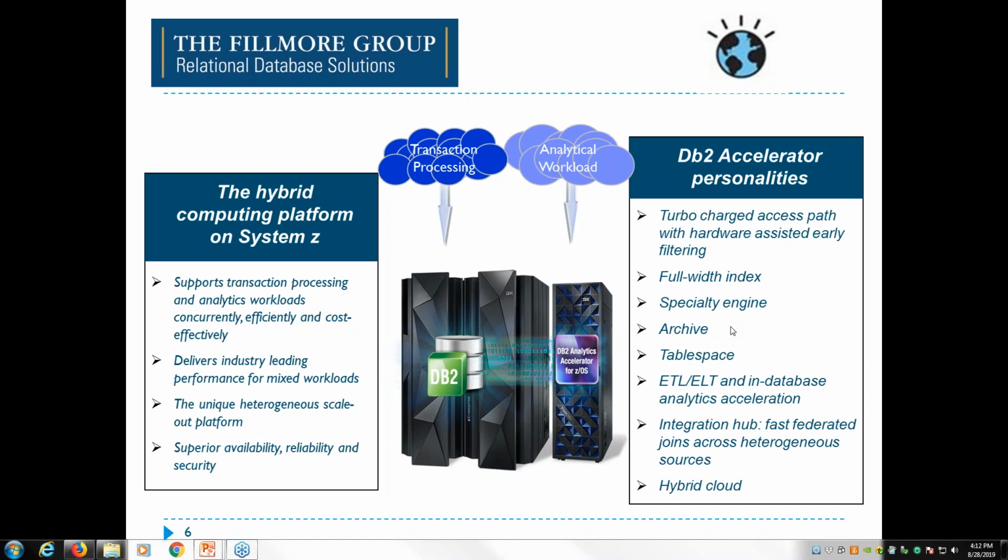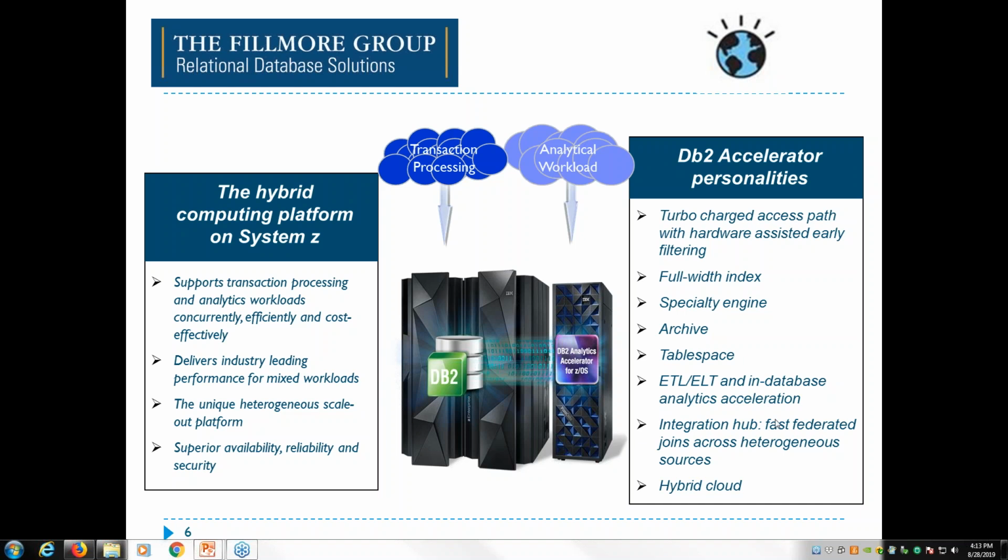It's an archive, as I mentioned before. It can be a table space. I can actually store what are called accelerator-only tables within the accelerator, not in Db2 for z/OS at all. I can perform ETL and ELT data manipulation in database in the accelerator, so I can transform the data from the OLTP format in which it's stored in Db2 for z/OS and move that over to the analytics platform and put it into, let's say, a star schema or some other form.